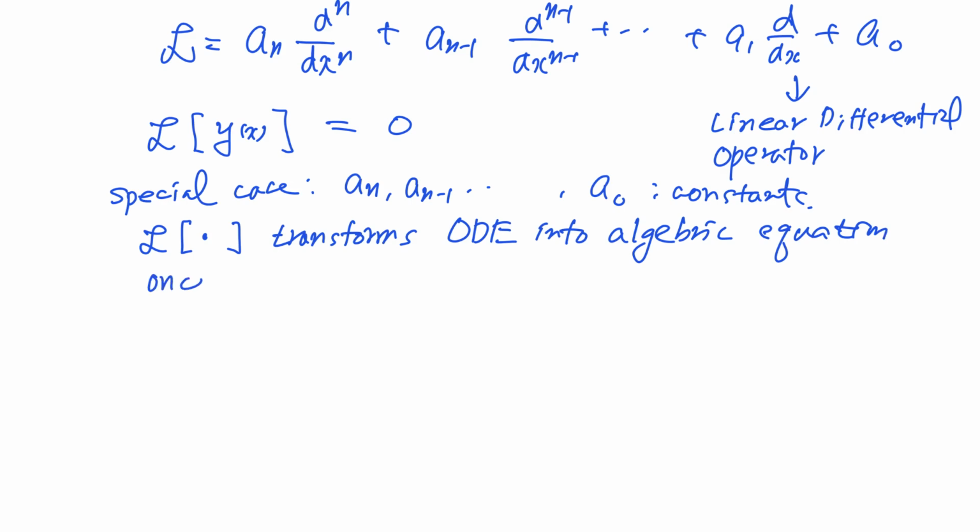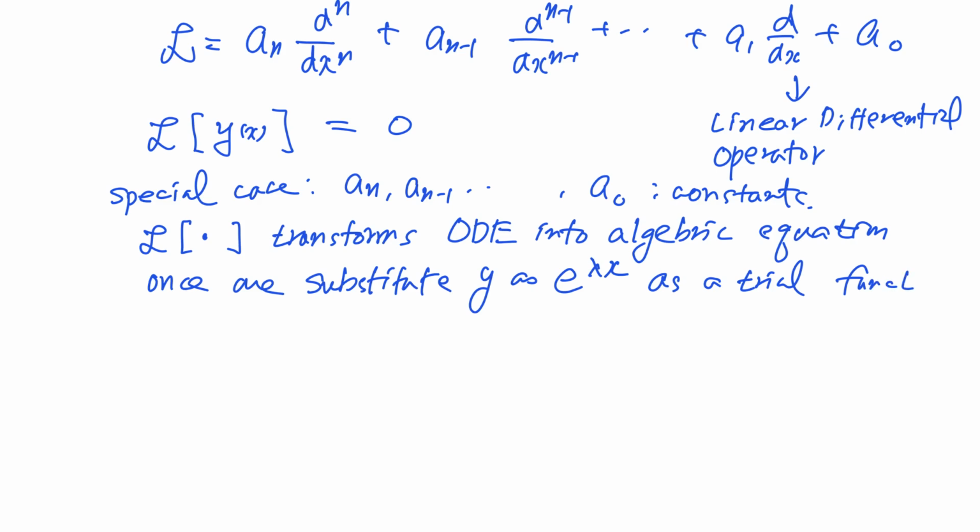Once we substitute the trial function y as exponential lambda x, because of the properties of the exponential function, the derivative is just multiplying by lambda.